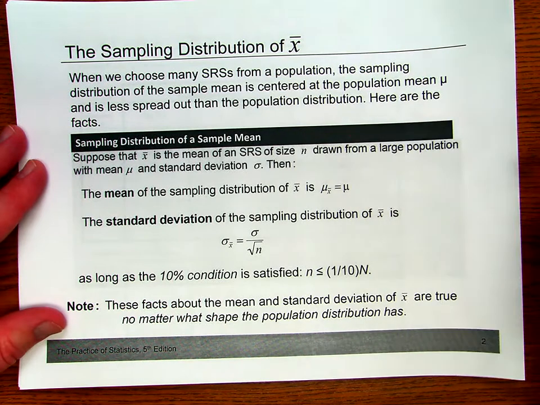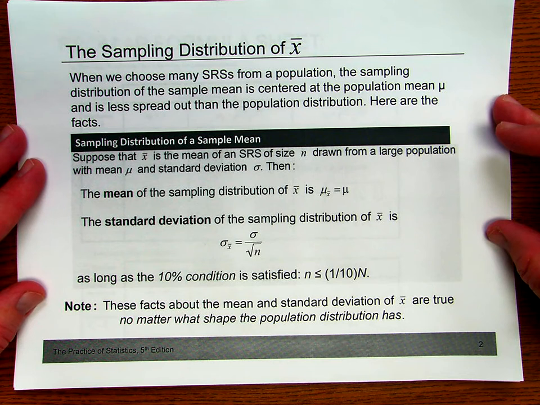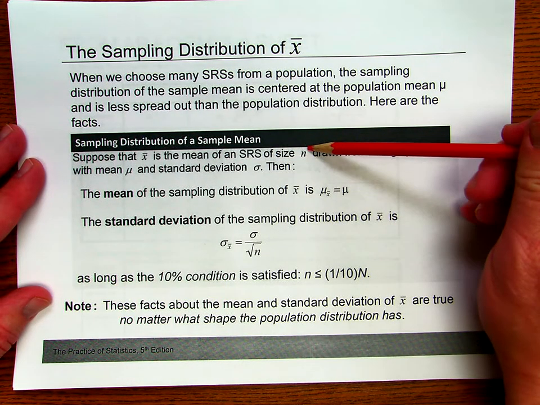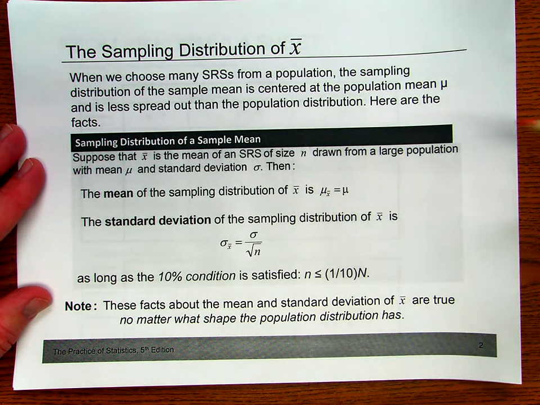All right, when we choose many simple random samples from a population, the sampling distribution of the sample mean is centered at the population mean mu and is less spread out than the population distribution. Okay, here are the facts. Suppose that x bar is the mean of a simple random sample of size n drawn from a population with mean mu and standard deviation sigma.